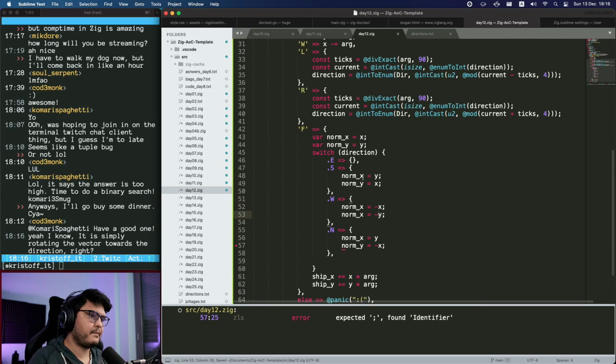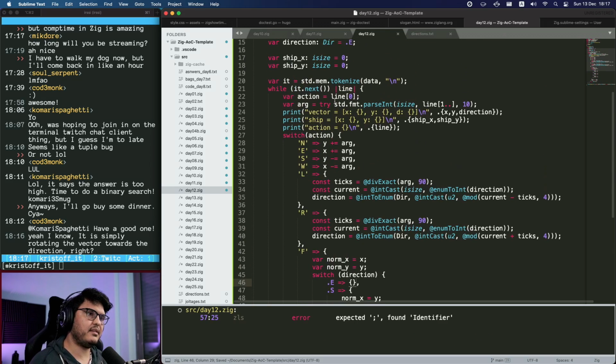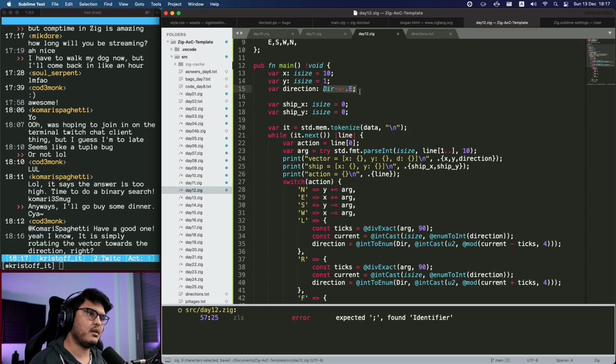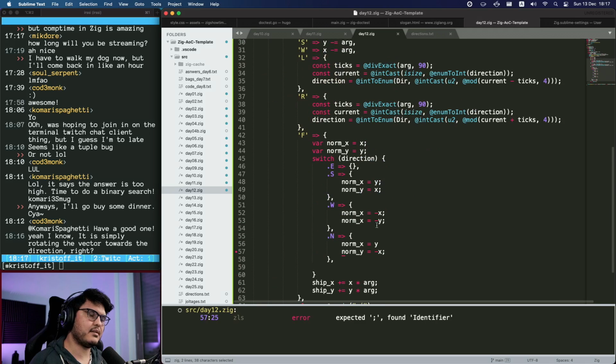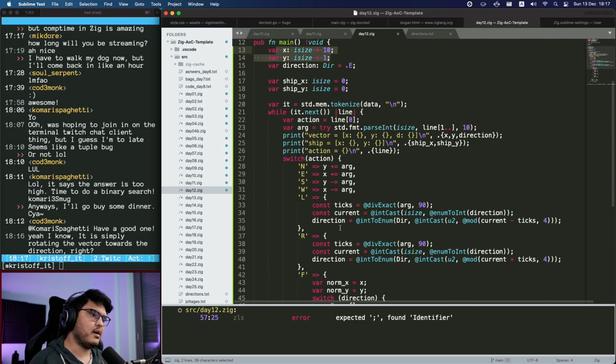Okay. Well, I think we have it. Well, actually, this case is this case, kind of. I know it's simply rotating the vector towards the direction. Yeah, right, exactly. Because we have the problem that if we keep the direction as a separate property and we don't change signs here, then the math doesn't work out.